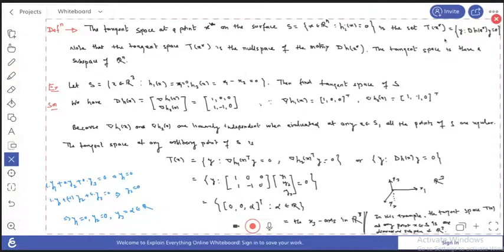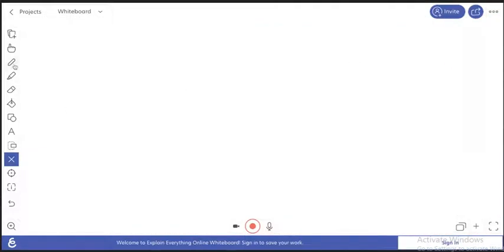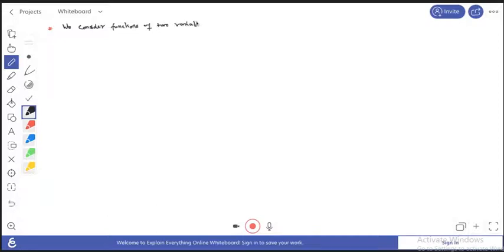Okay, so here in the next page, if we consider, suppose we consider functions of two variables, and suppose only one equality constraint.